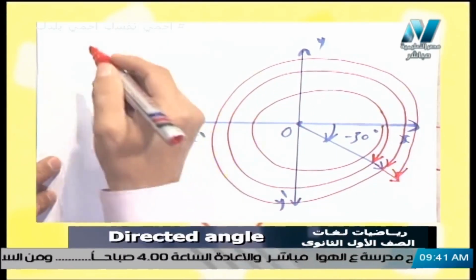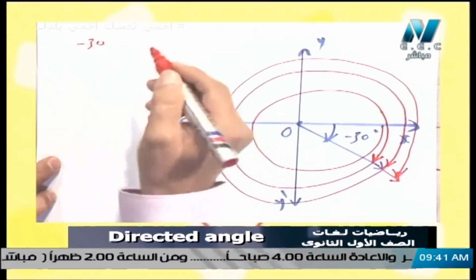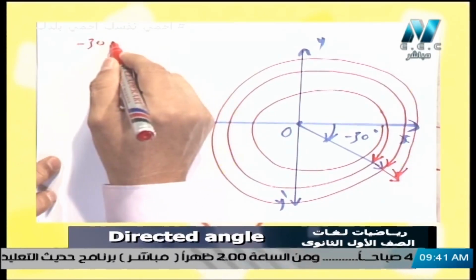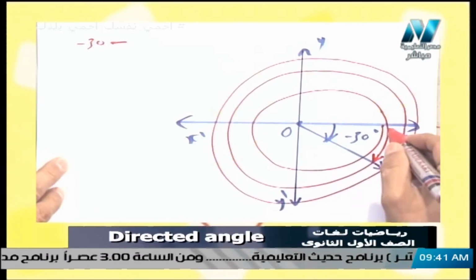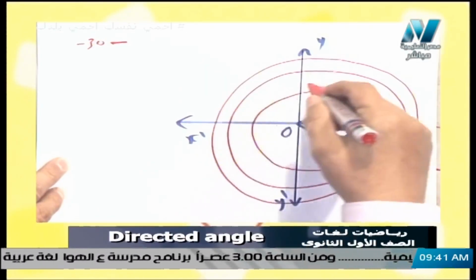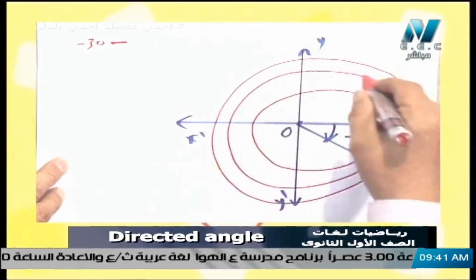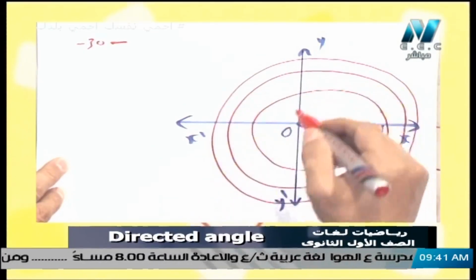So we can say negative 30 or any angle. Here is minus. Why is minus here? Because we move in the clockwise direction. In the clockwise direction here means negative.